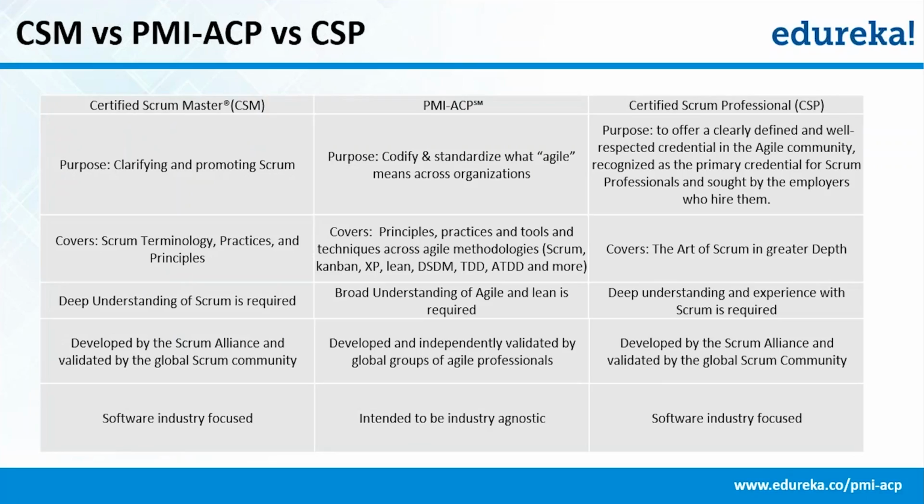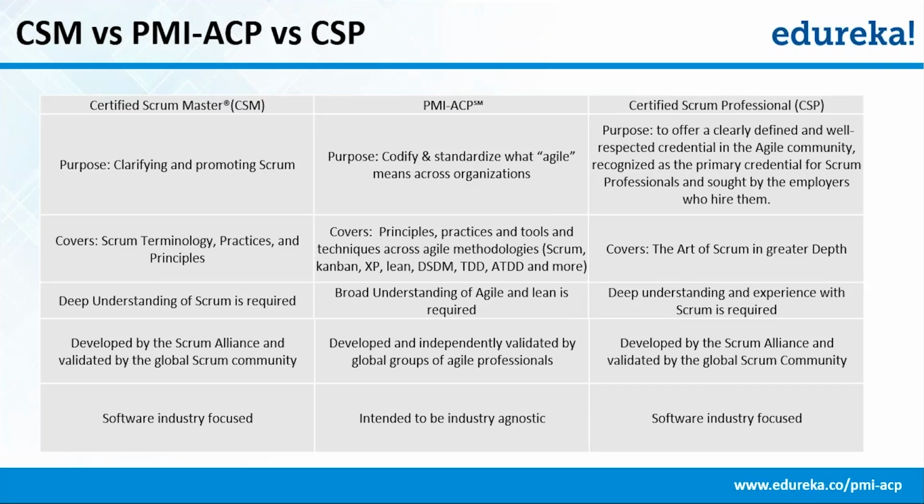A Certified Scrum Master, CSM, versus PMI-ACP versus a Certified Scrum Professional, and it more or less holds true for other certifications as well, like PSM. So firstly, the purpose of CSM is very clear. They are basically promoting Scrum, as simple as that.